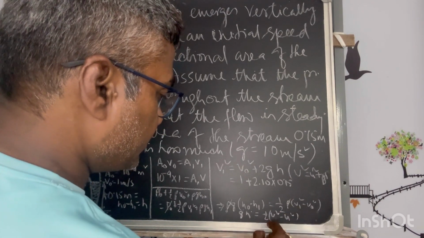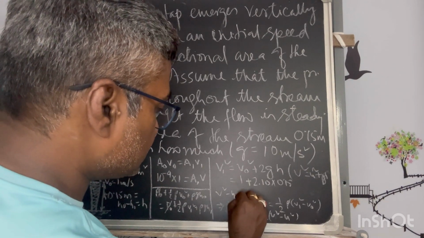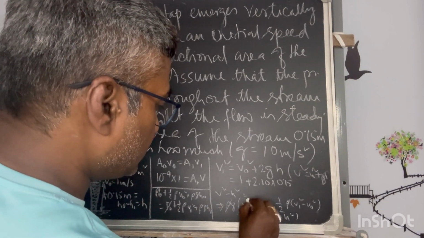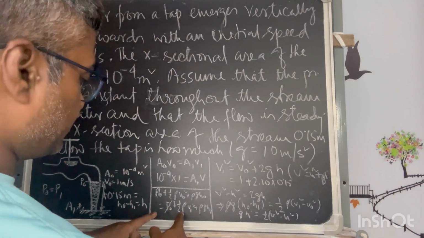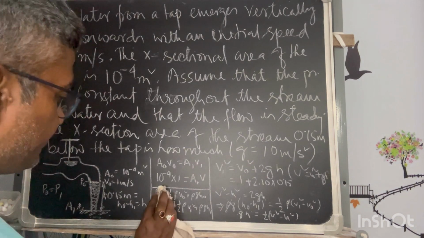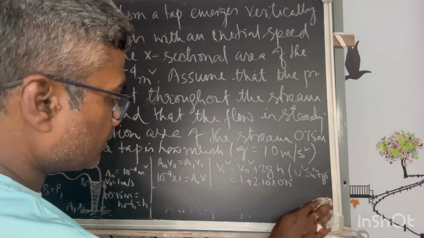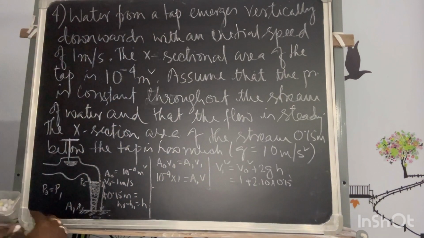We can take like this. So what is coming is v square minus u square is equal to, this 2 will go there, 2gh. Now see, the same formula is coming. Even if you use energy conservation, I am straightaway using that formula here itself. This is nothing but the same formula.